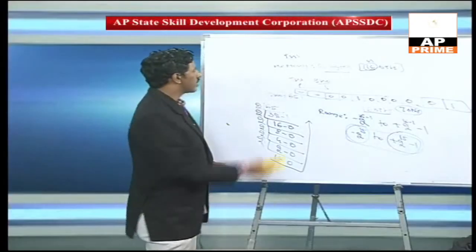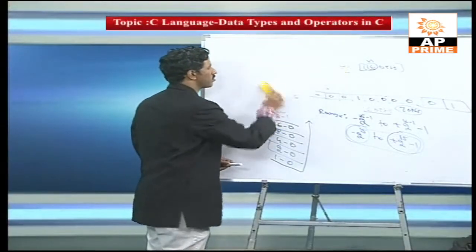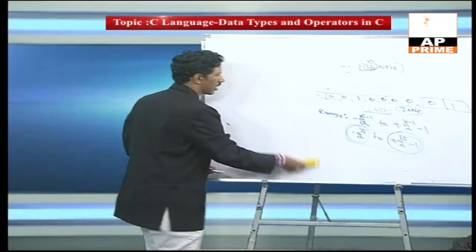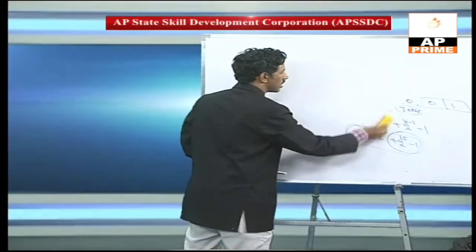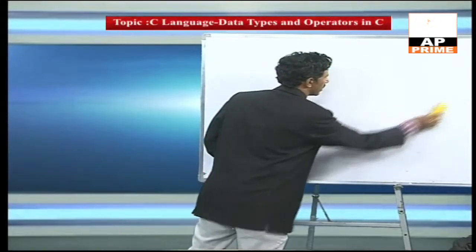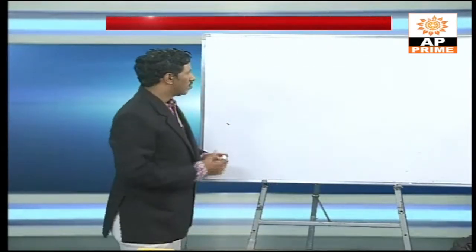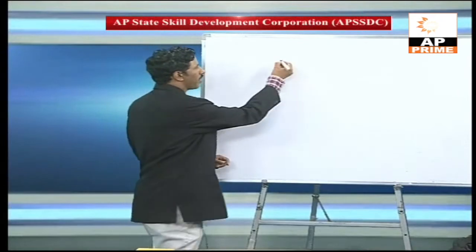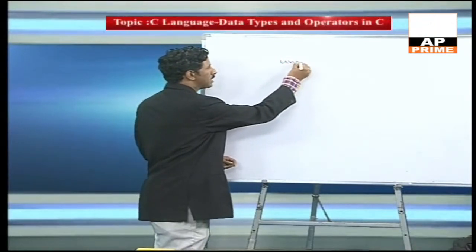Now you see one more data type. Under integers there is one more type of data type: unsigned integer.